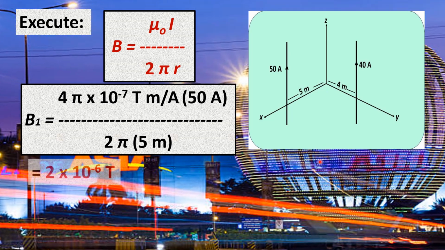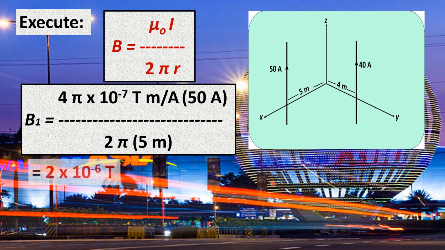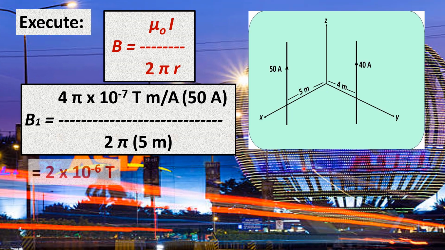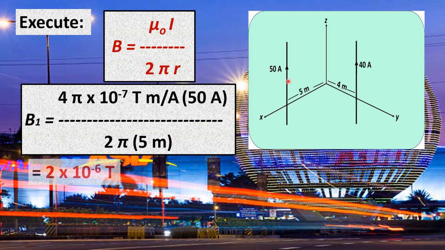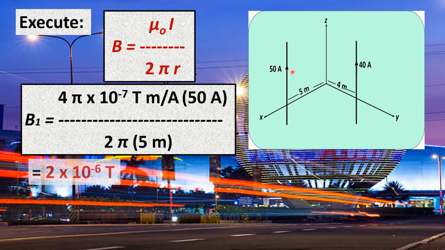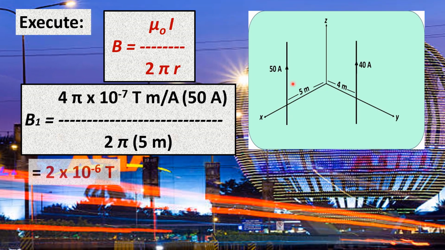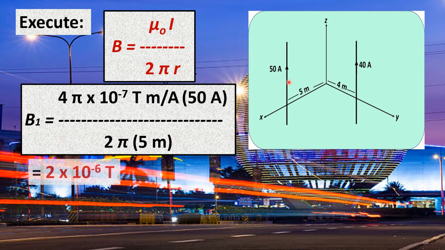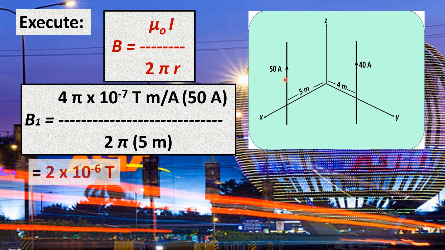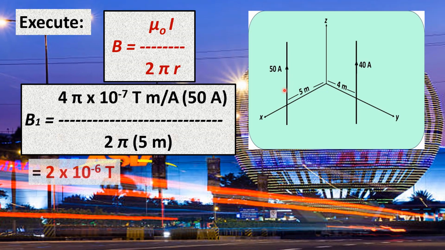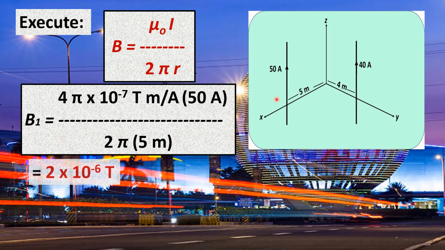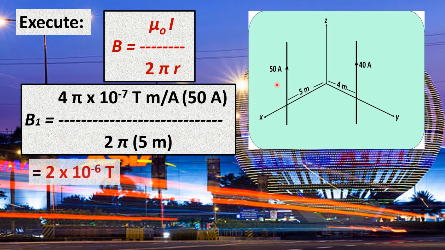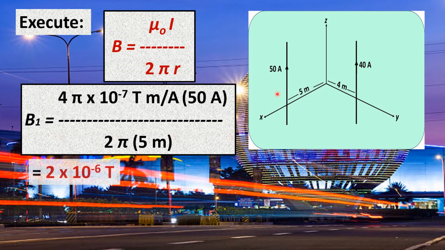So to determine the direction of this magnetic field, we will just apply the right hand grip rule. So when you grip the first wire, your thumb must be pointing upward in the direction of the current. And then if you curl your other 4 fingers, you will curl them in counterclockwise direction.